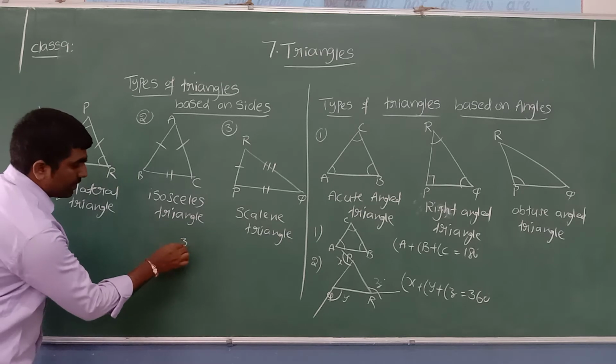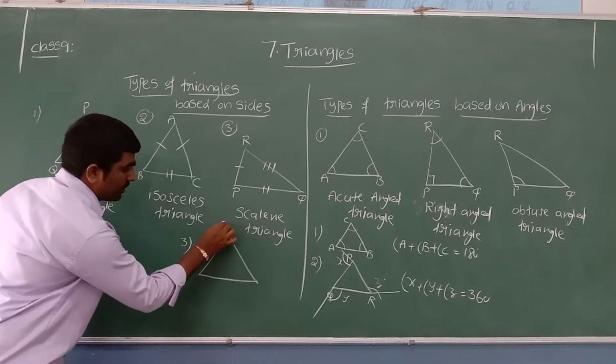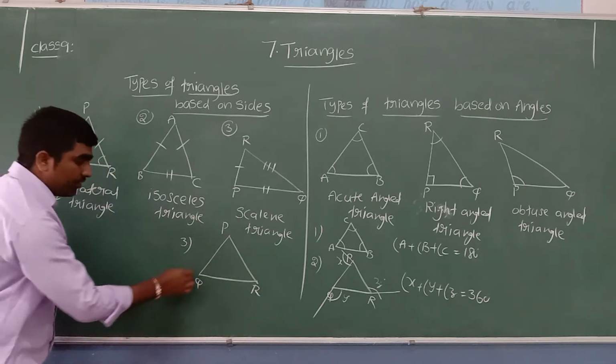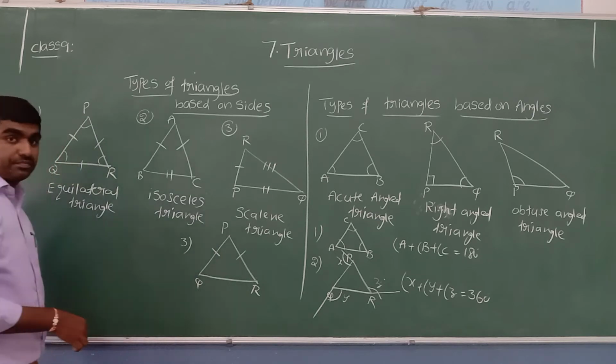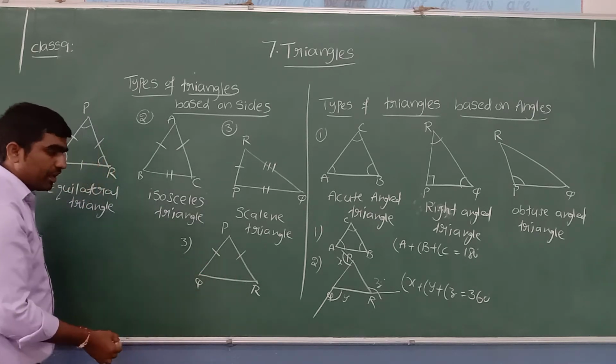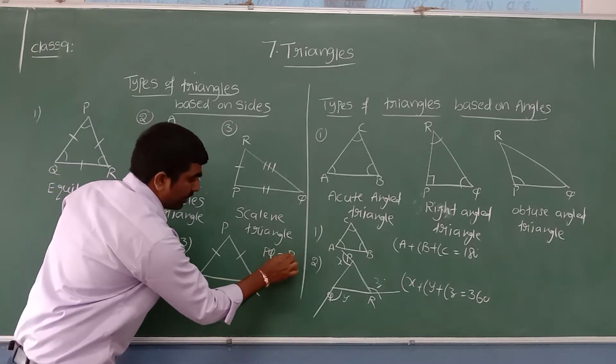And also we learned that in a triangle, if two sides are equal, then the angles opposite to the equal sides are always equal. Here we can see PQ is equal to PR.